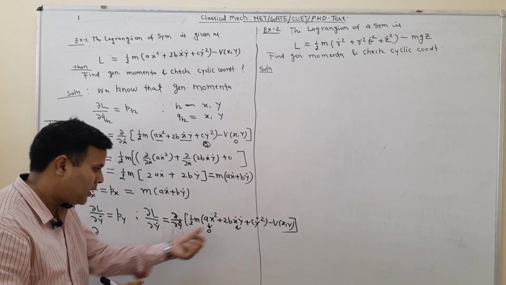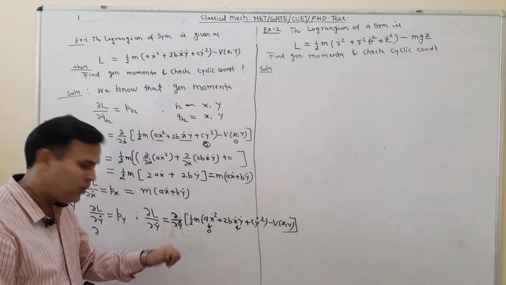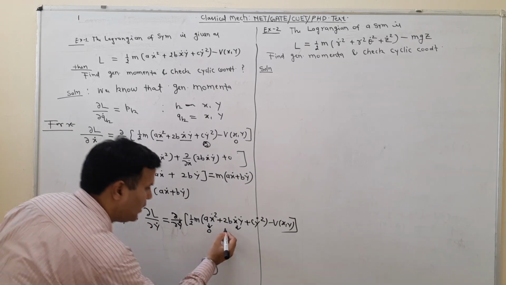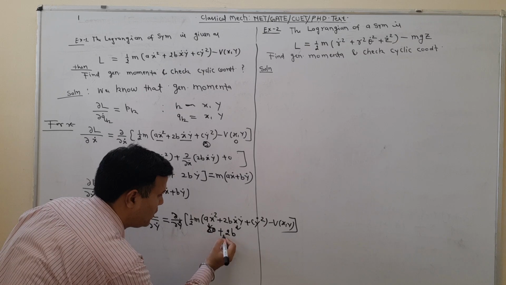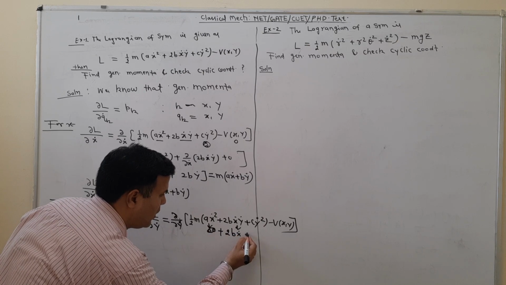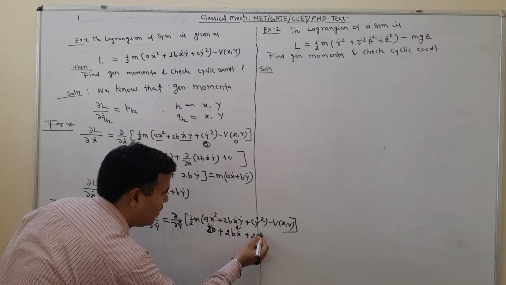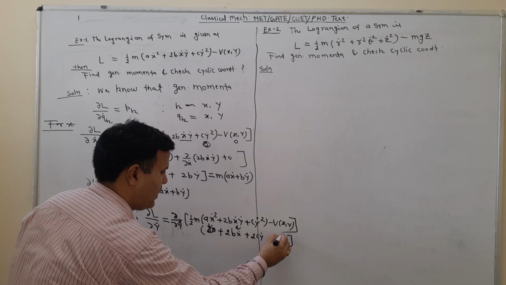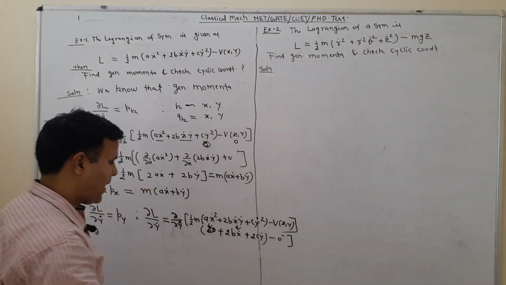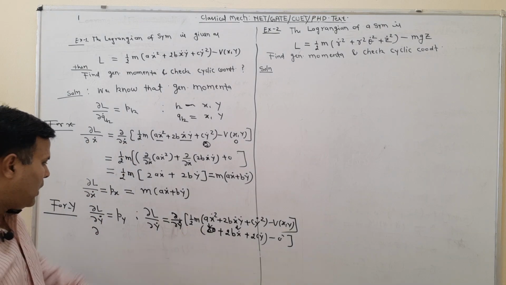If we are differentiating this expression partially with respect to y dot, this will give 1. So what we have is 0 plus 2b x dot plus 2c y dot minus 0. And we have 1 by 2m outside.